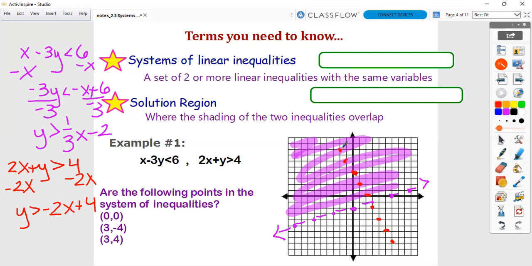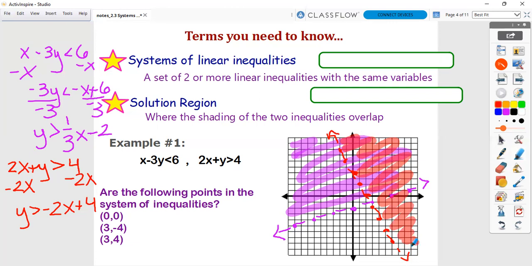We are going to go ahead and connect those points with a dashed line since it's just y is greater than. And since it says y is greater than, we're going to go ahead and shade above for this inequality as well. And above would be over here.